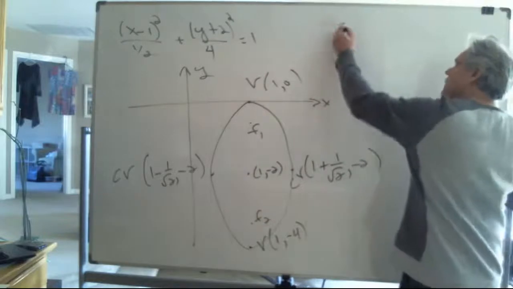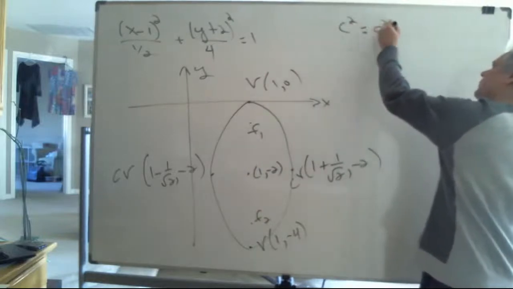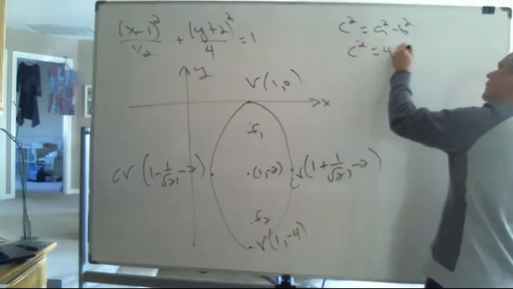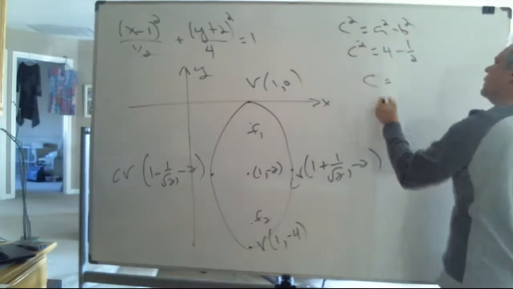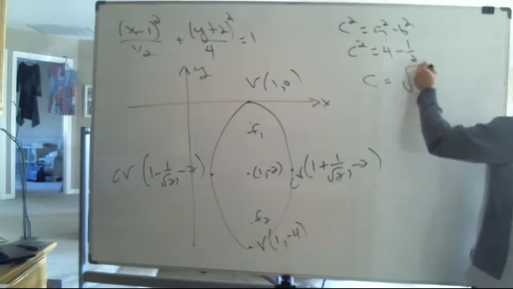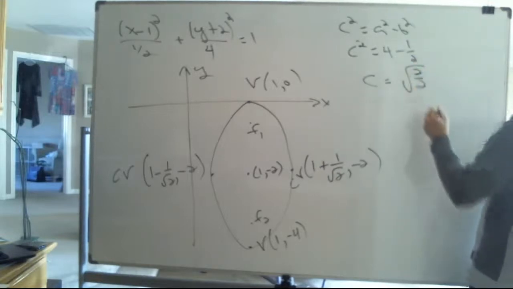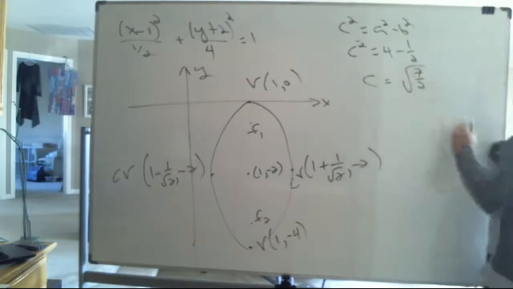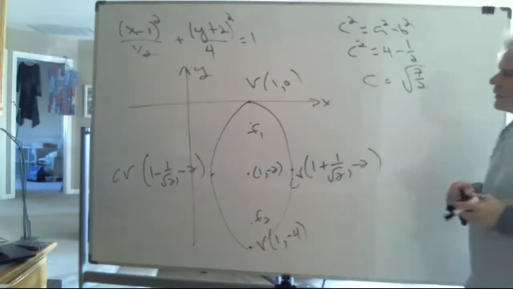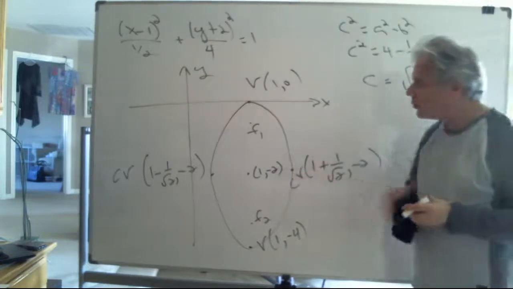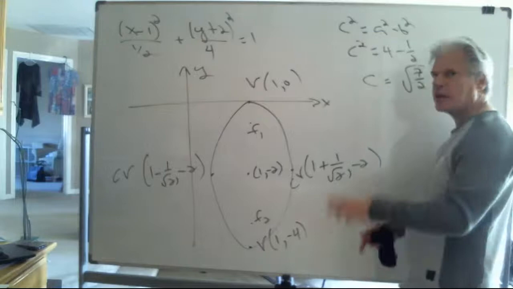Now, recall that c squared is equal to a squared minus b squared. a squared is the larger of the 2. So that c value gives the location of the foci by adding it to or subtracting it from the y coordinate of the center, because I'm elongated vertically.